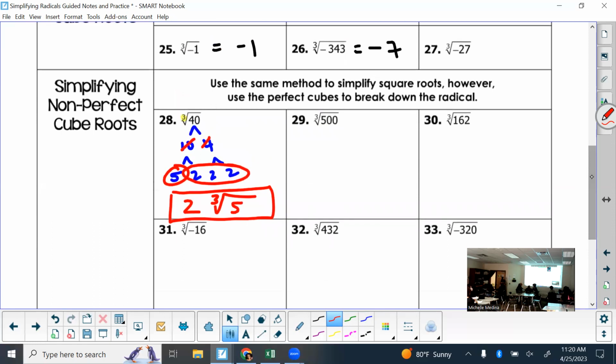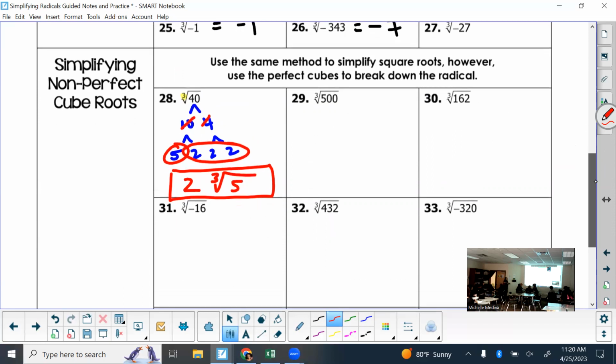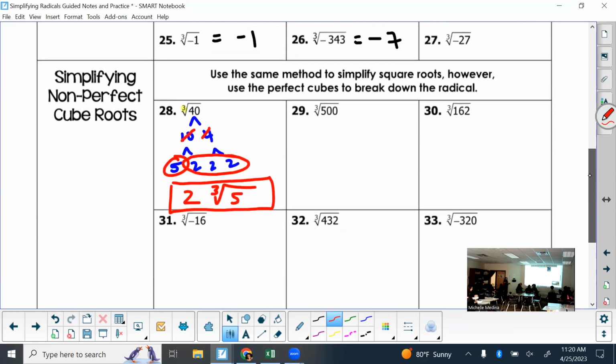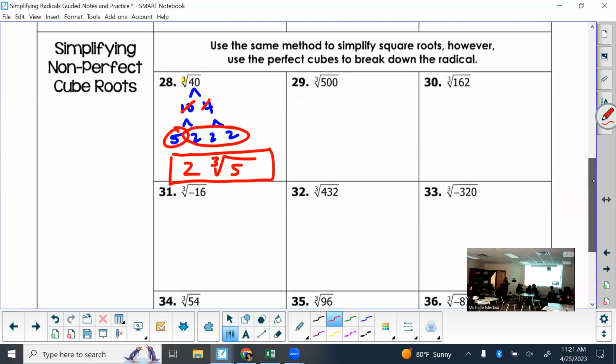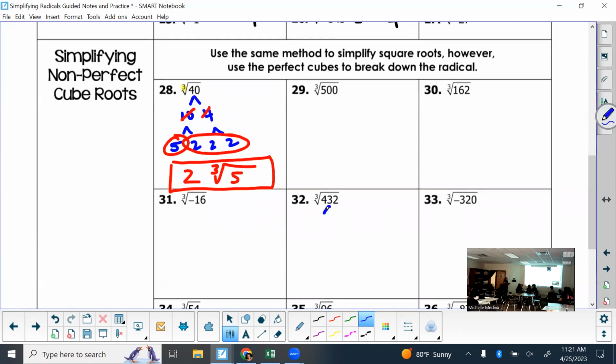All right, which other one do you want to see in this set? 432, you said? Okay, let's look at 432. Since that number ends in 2, I know that 2 times something gives me 432, so I'm going to figure that out. All right, I got 216 times 2 gives me 432.